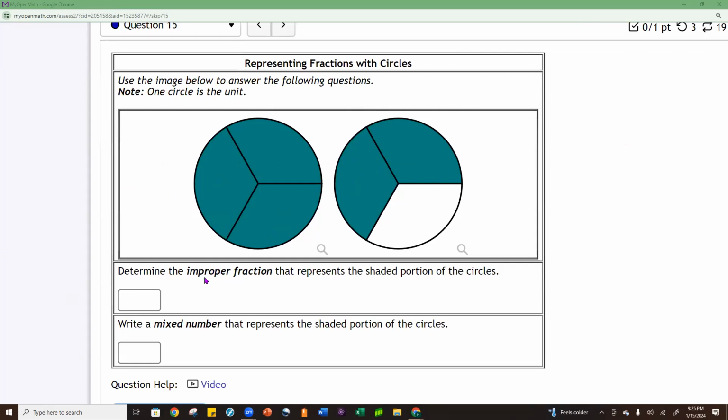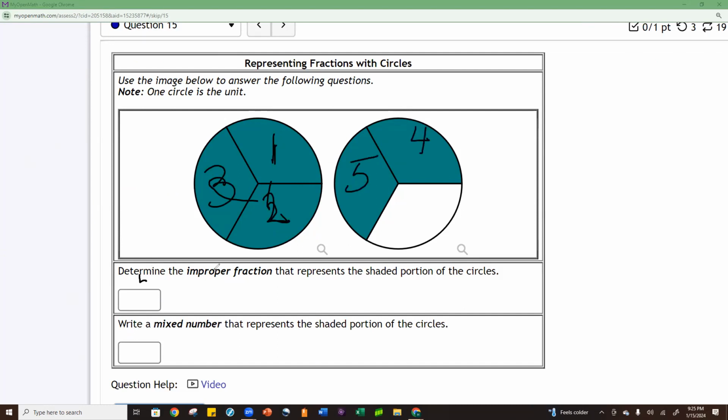So here we have 2 fraction circles. We first write the improper fraction. That means my numerator is bigger than my denominator. So I'm going to count how many green slices or teal slices I have. I have 1, 2, oh my gosh, the pen's being weird. 1, 2, 3, 4, 5.